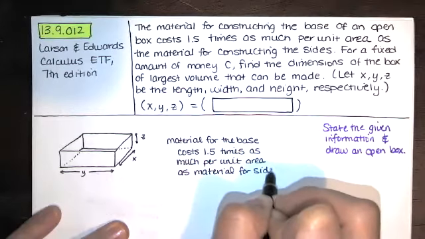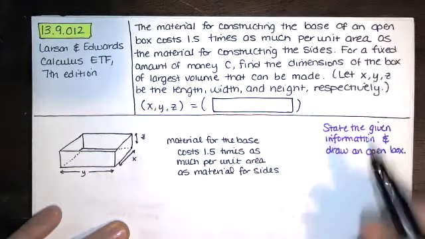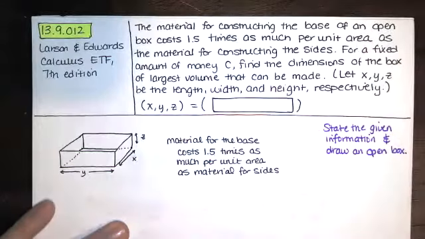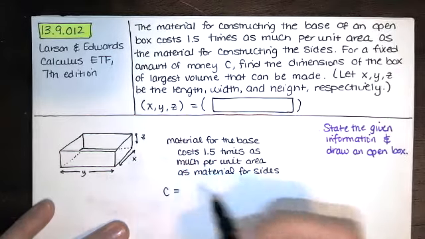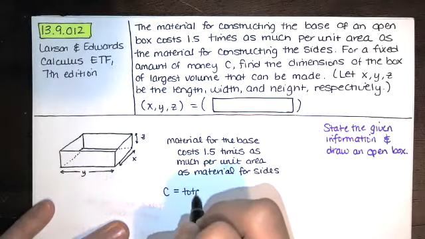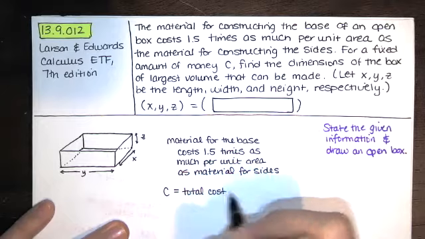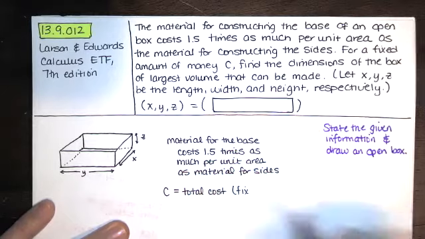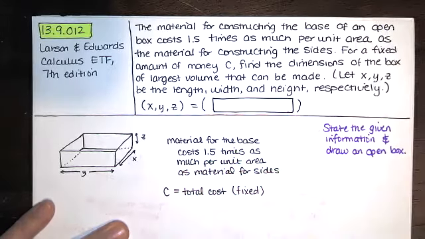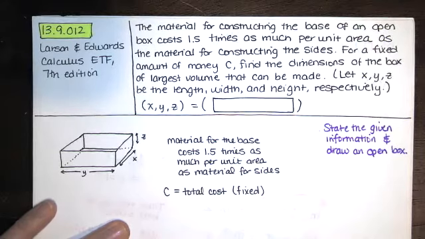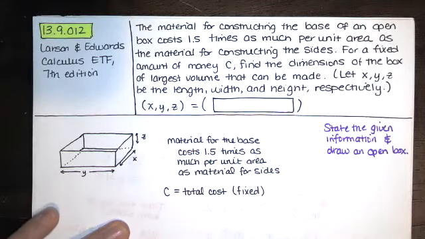Okay, what else? We're told that we have a fixed amount of money C. So this is the total cost, and it's fixed. Maybe you have $100, and that's exactly how much you're going to spend. But we don't actually know how much it is. We just know that it's fixed, and it's a constant amount.